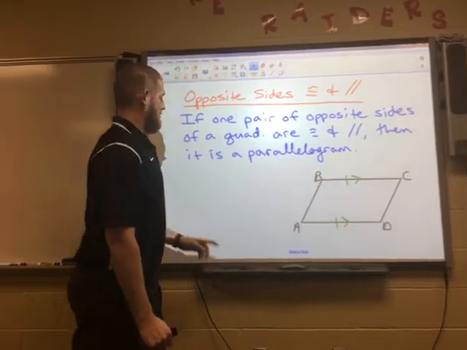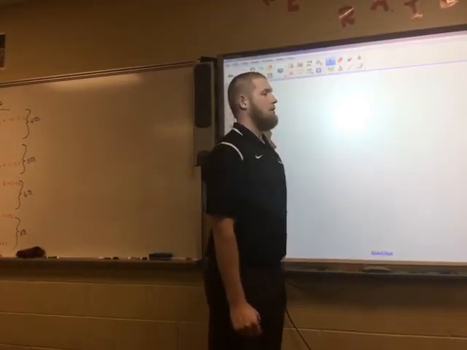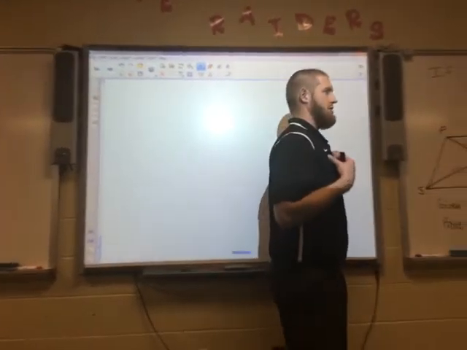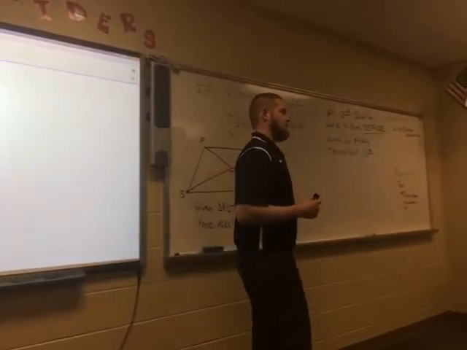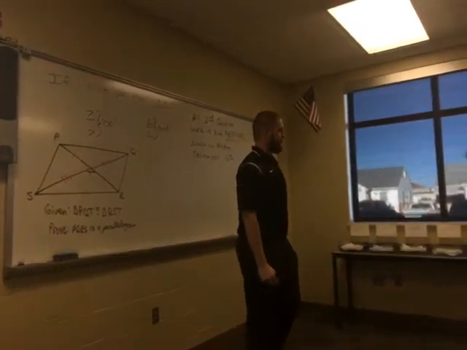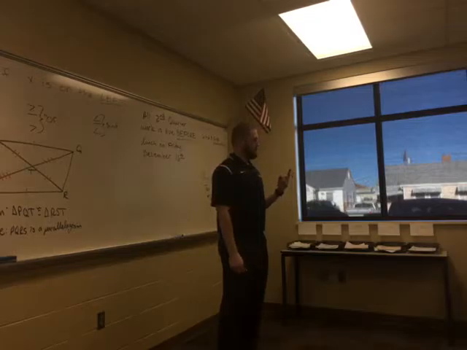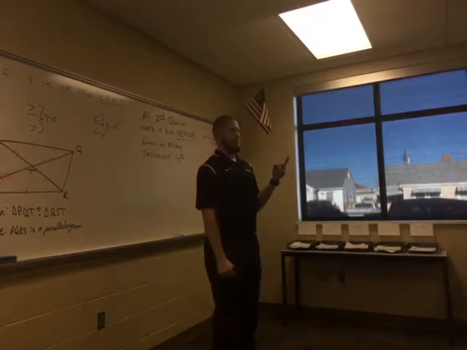Okay, before we go or start our assignment, I want to quickly review those things that we just talked about. Royal, what is one way to prove that a quadrilateral is a parallelogram? Opposite sides converse. So if opposite sides of a quadrilateral are congruent, then it's a parallelogram.